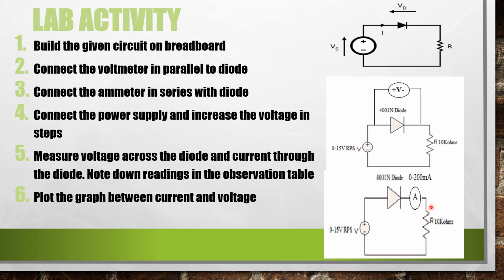Then you have to repeat this activity for reverse biased condition. It means you have to change the position of this diode. It means now positive terminal of the supply will be connected to the negative terminal of this diode. Okay. So this is your lab activity.